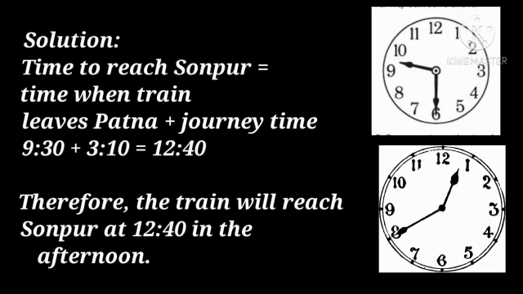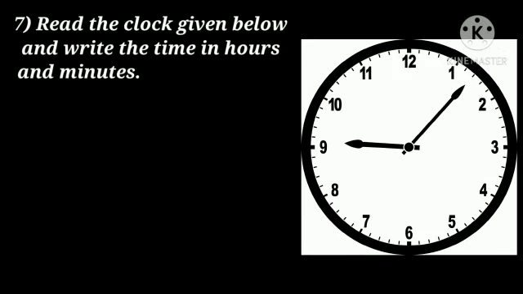Or else from 9:30 we can count 3 hours and 10 minutes. We will get answer 12 hours and 40 minutes. Therefore, the train will reach Sonpur at 12:40 in the afternoon. Now let's go for next one.